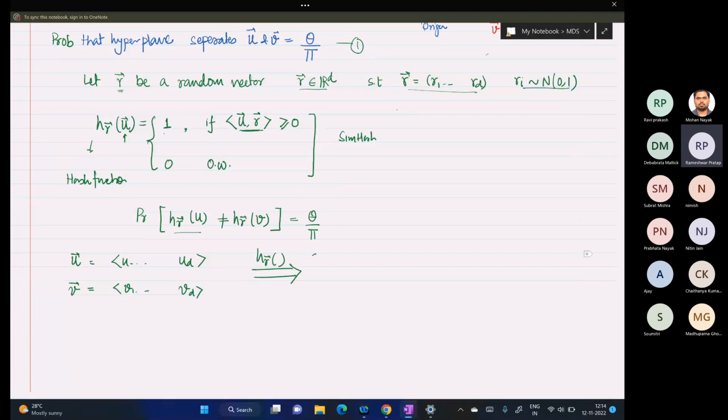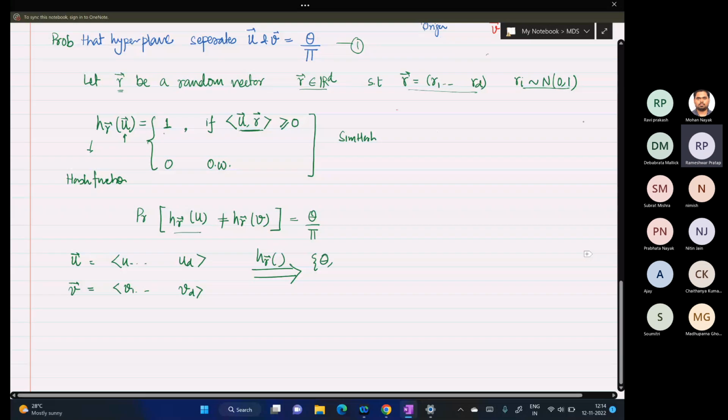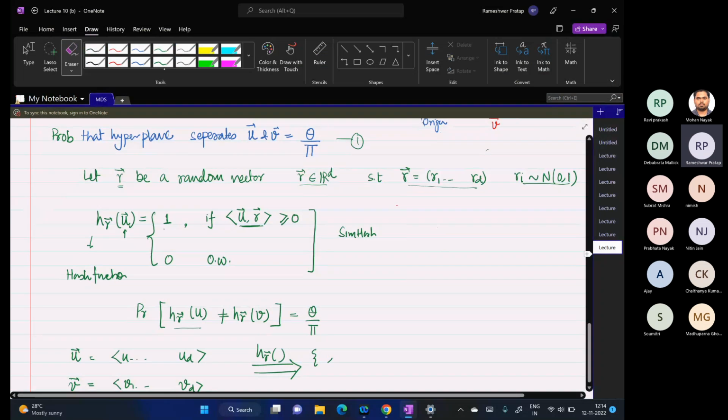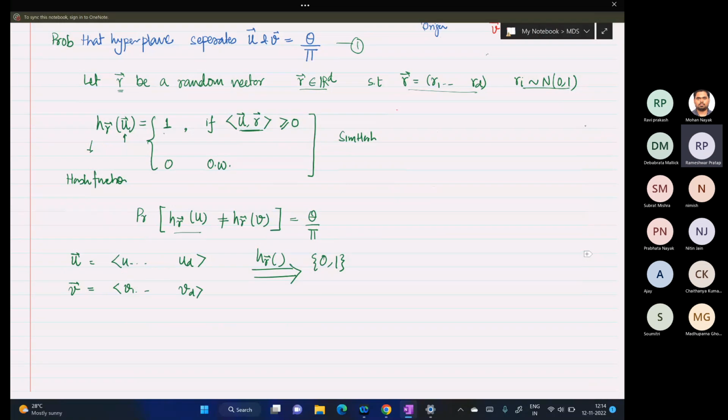Then our claim is that the probability that their values are different is equal to theta by pi.